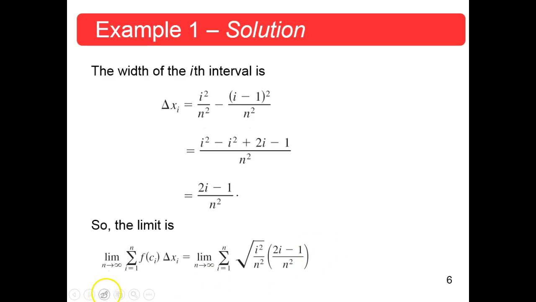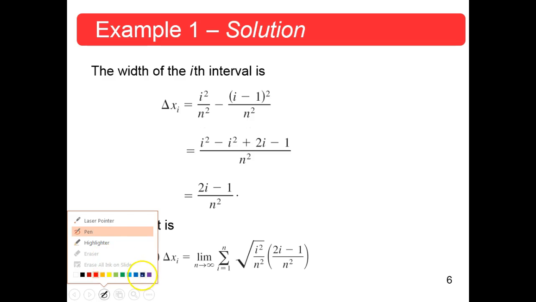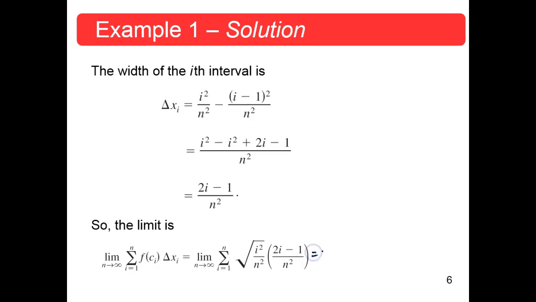Let me get my pen back. This is going to be the limit as n approaches infinity of the summation I equals 1 to n, and the square root of I squared over n squared is just I over n times 2I minus 1 over n squared. Okay?